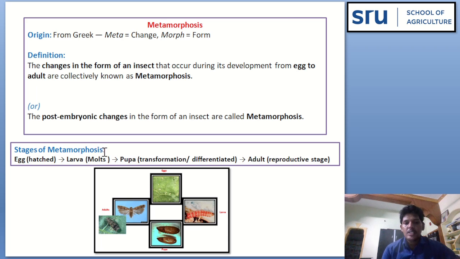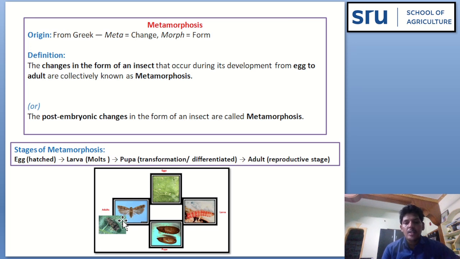See here stages of metamorphosis. Eggs are hatched into larvae. Larvae are molted into pupae. Pupae are transformed or differentiated into the adult.